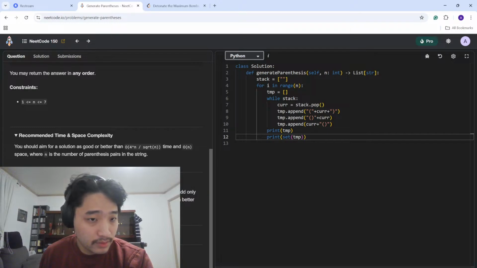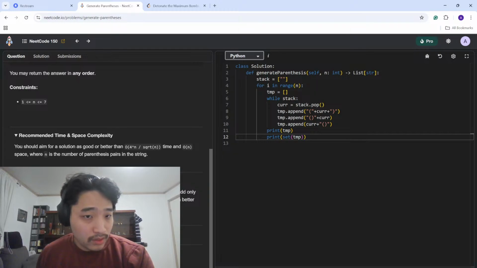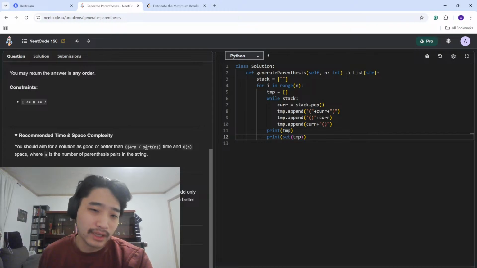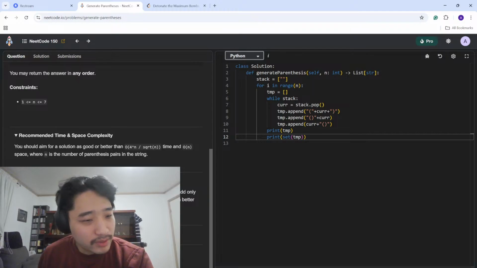To be fair, this is actually interesting. It's not that significant. Okay, never mind. The square divided by square this time. Never mind. Can you think of a better way?